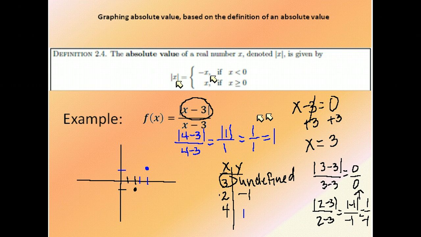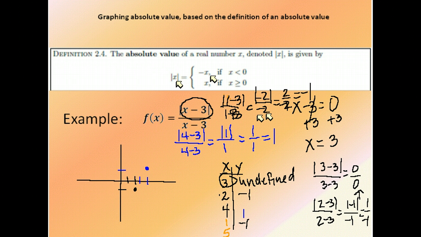Okay? Now, let's see what happens a little further. Let's see what happens at 1, and let's see what happens at 5. Again, we just want things that are close to these numbers. So let's try 1. The absolute value of 1 minus 3 over 1 minus 3 is going to give me the absolute value of negative 2 over negative 2, which gives me 2 divided by negative 2, or negative 1.